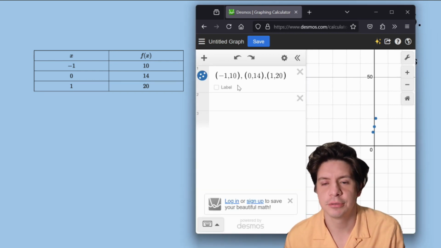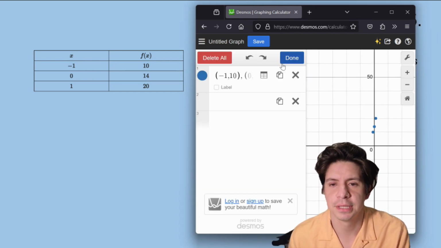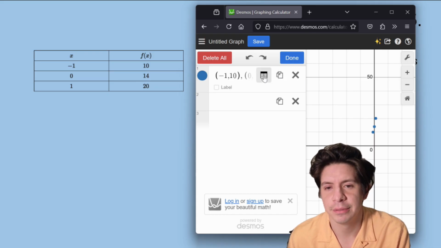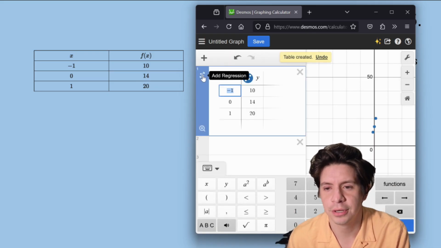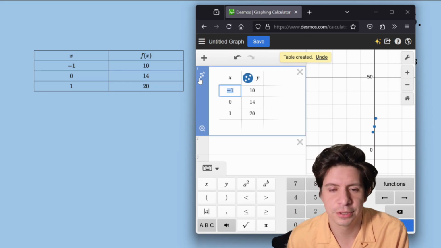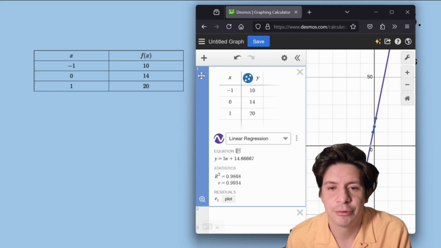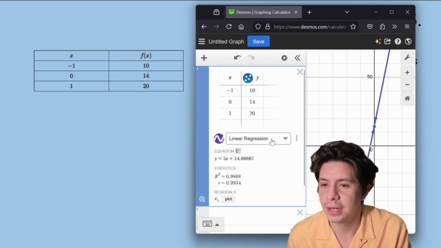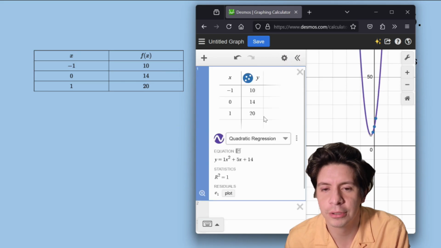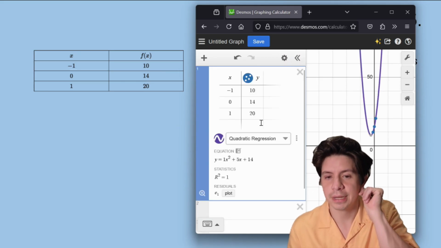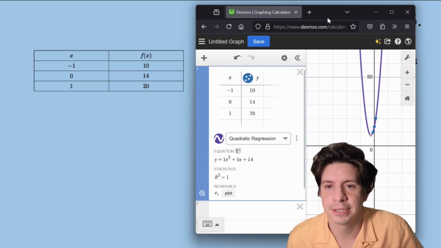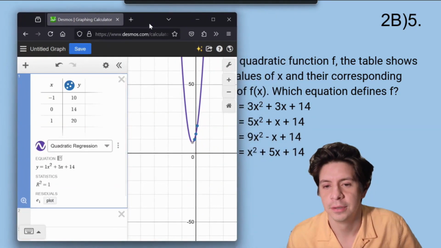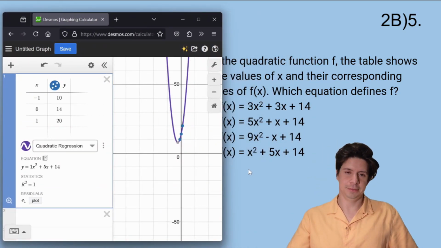Okay, so you have these 3 points, and then you go to this button, and you make them into a chart. From that chart, you can do add regression. We're looking for not linear regression, we are looking for quadratic regression. And we're going to get 1x squared plus 5x plus 14, which is D.